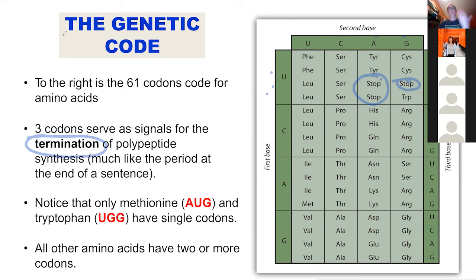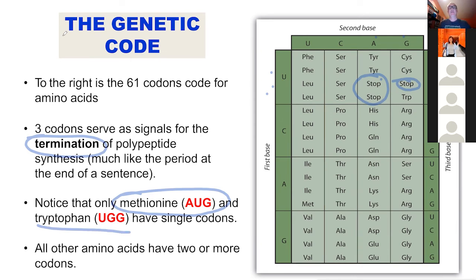So anytime you see one of those, you know your protein is done. Interestingly, only 2 amino acids have just a single codon: methionine and tryptophan.